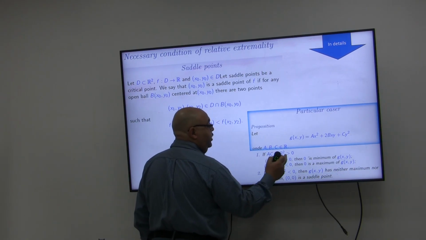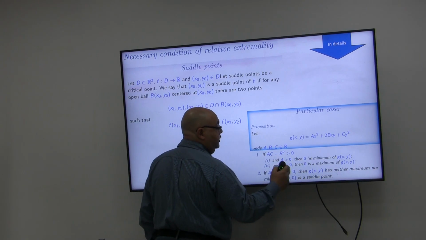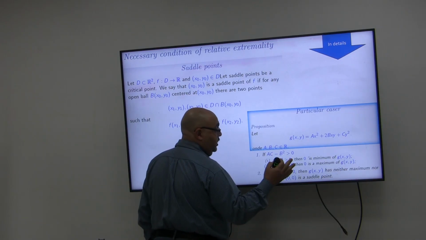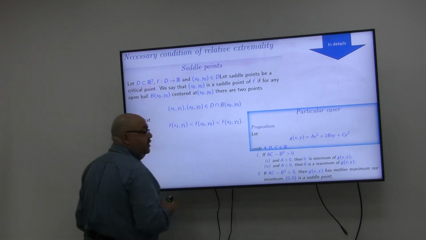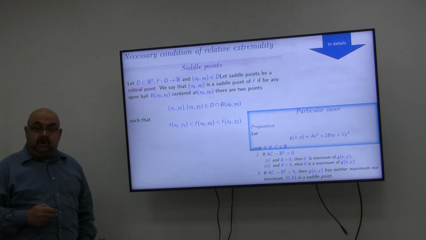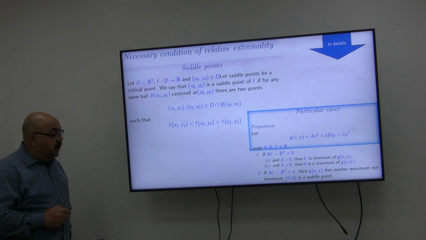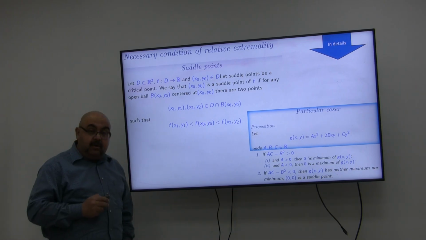If ac minus b squared is greater than 0, but a is less than 0, in this case, it's going to be a maximum. If ac minus b squared is less than 0, then it's a saddle point. If it equals 0, then the test is inconclusive.